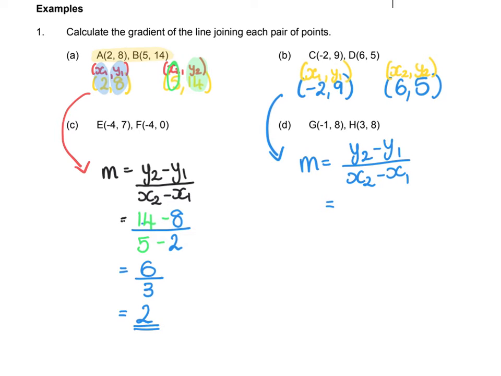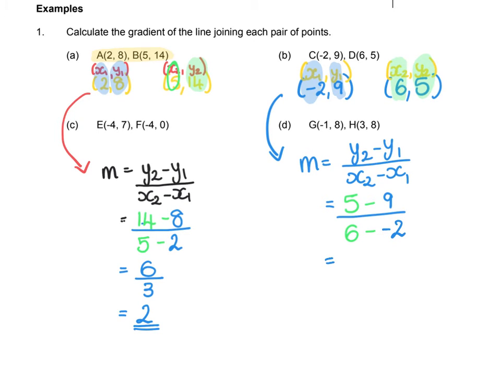And once I've got my formula down, I need to start substituting my numbers in. y2 is 5, y1 is 9, x2 is 6, and x1, that's where I'm up to, is -2.